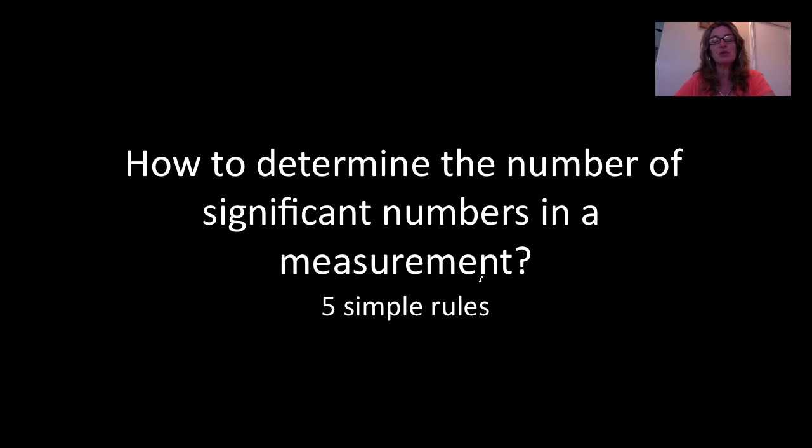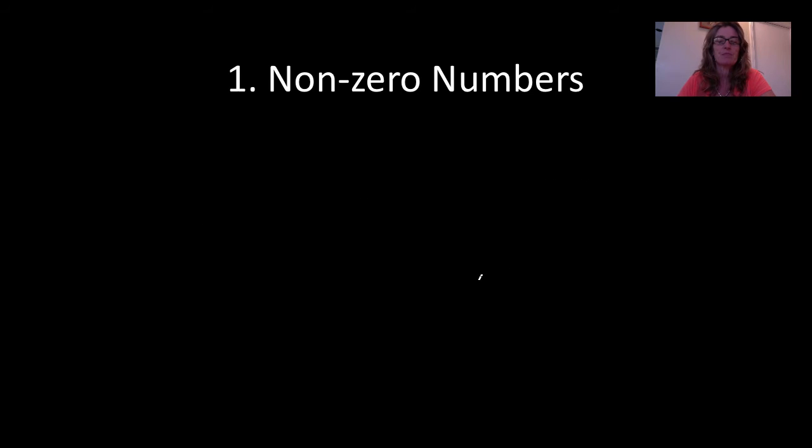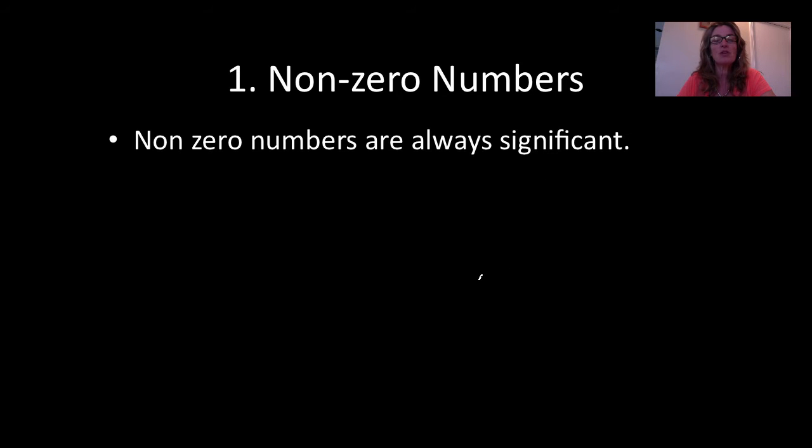Now, how do I determine the number of significant digits in a measurement that's given to me? Well, there are 5 simple rules. The first rule is all non-zero numbers are significant. So for example, this measurement has all non-zero numbers, so I know that it has 3 significant figures, 2 certain and 1 uncertain.